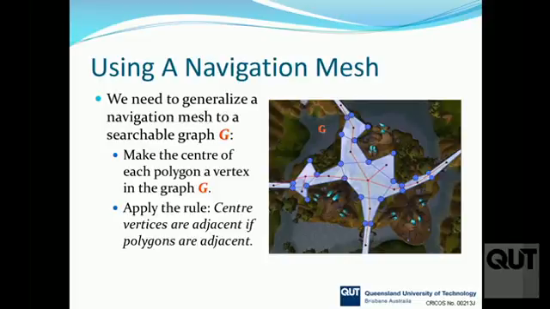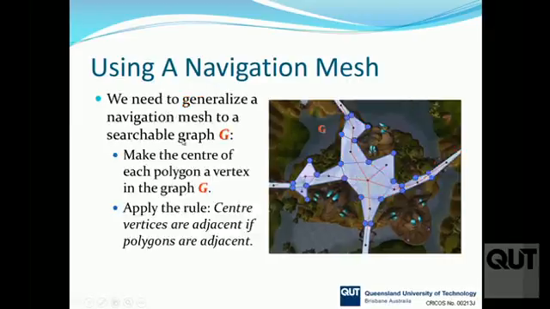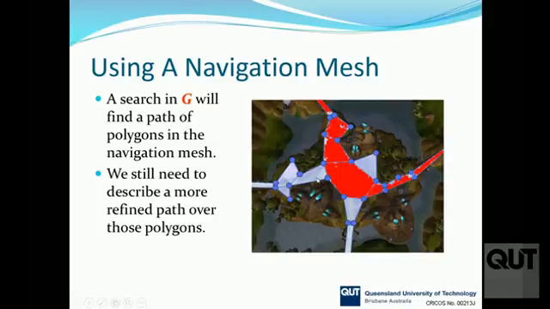Now the idea here is that we have some reference point on the polygon, and so if we have a character that's moving along these polygons, you might want the character to either pass through these points or maybe just come close to the points as it's moving along the surface of the polygons. All right, so given that graph, a search in G would then return a pathway like this.